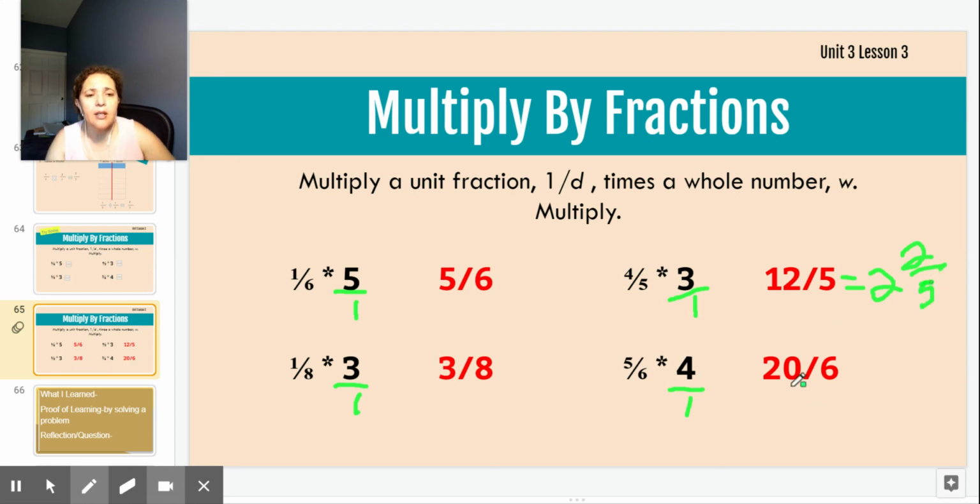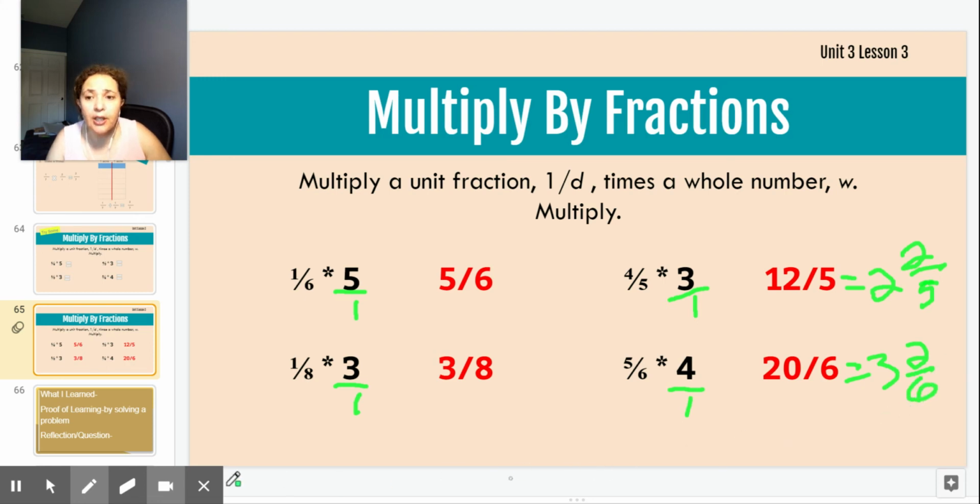Then 20 is bigger than 6, right? So that means I must divide. So how many times does 6 go into 20? 6 times 3, so it's 3 whole times. 6 times 3 is 18. How many more to 20? 18, 19, 20. 2 more. 2/6.